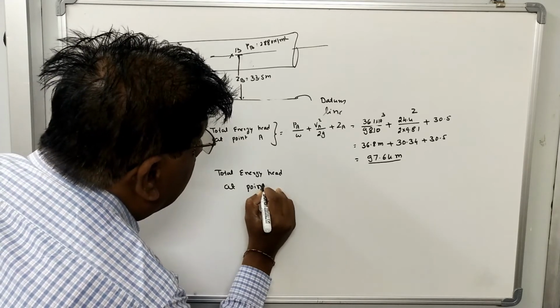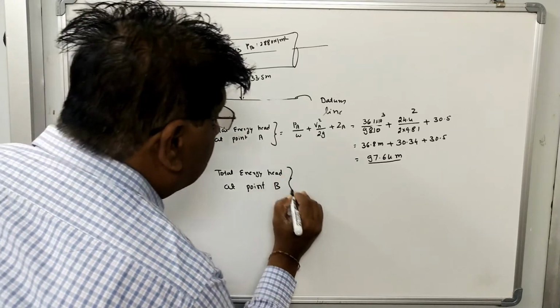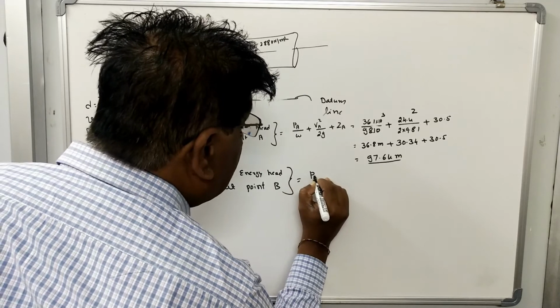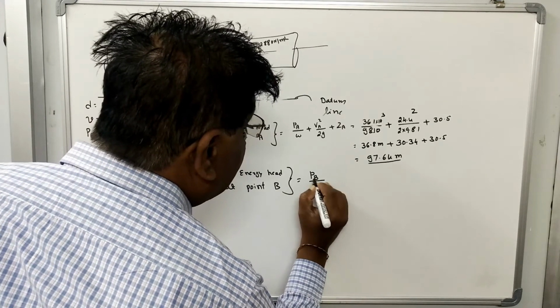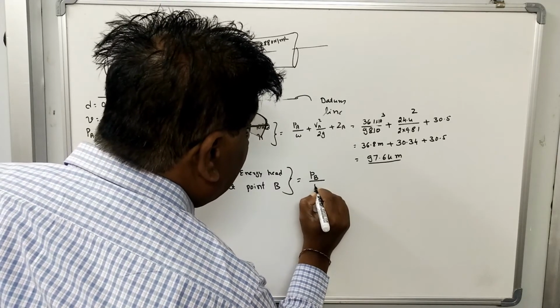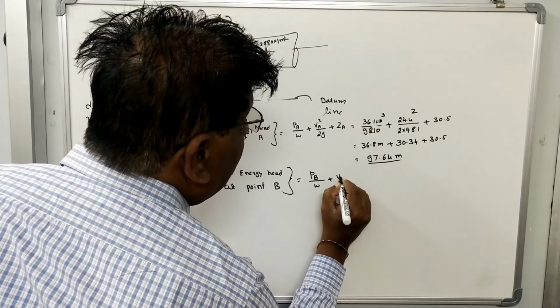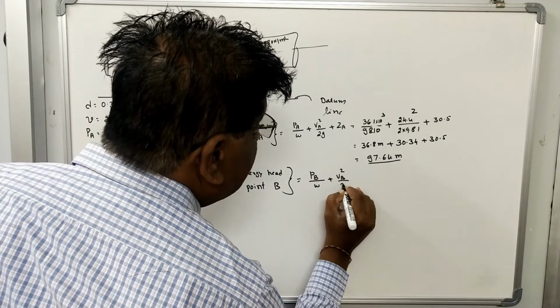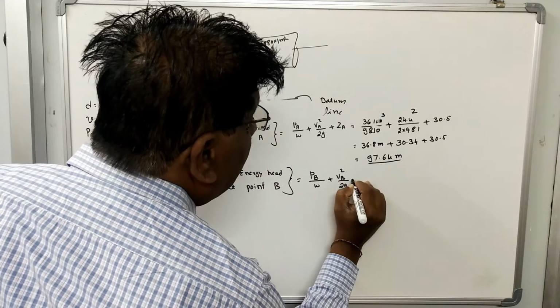So this is equal to what? This is again the pressure head at point B, pressure intensity at point B, PB by W, plus VB square by 2G, that is velocity at point B, plus ZB.